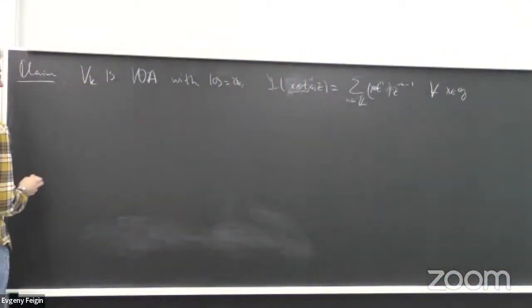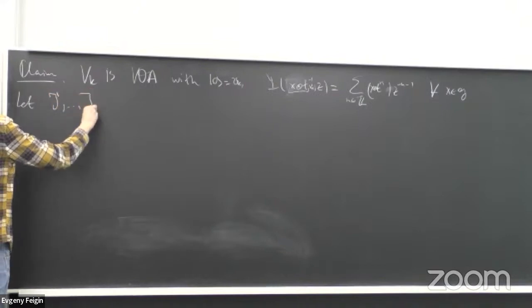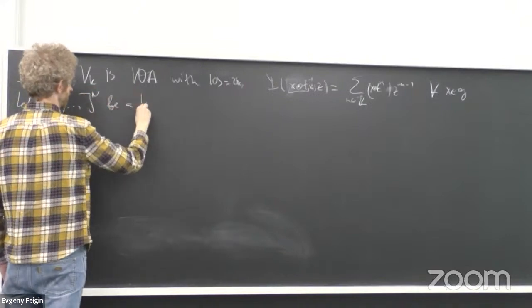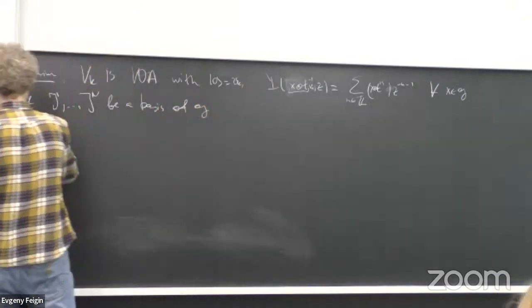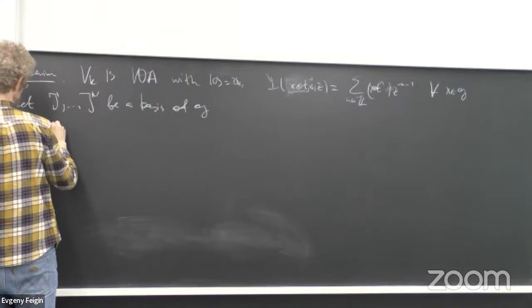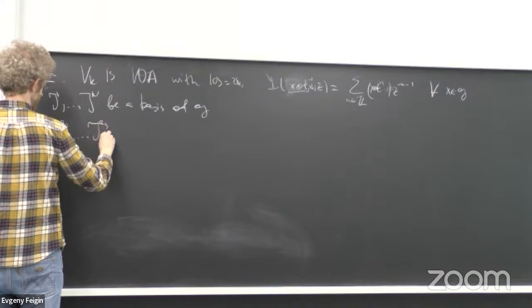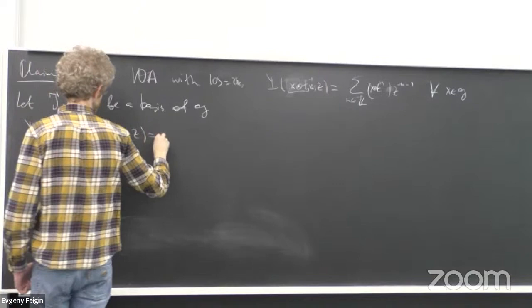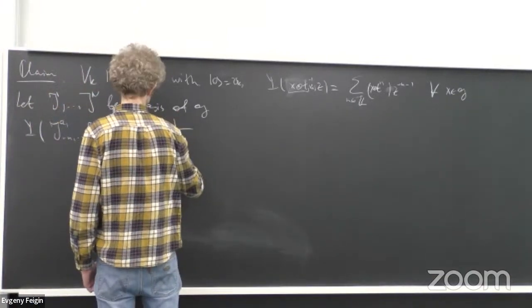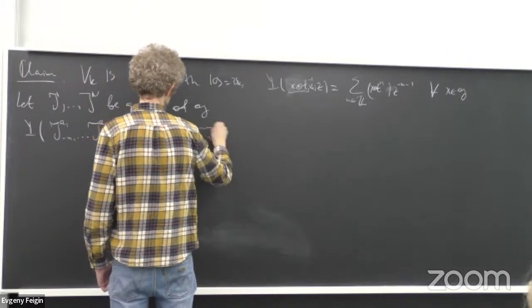We can give an even more concrete description. Let J1 up to Jn be a basis of G, and then we have the following formula: Ja1 minus n1, As minus ns, 0, Z is 1 over n1 minus 1 factorial, and s minus 1 factorial.